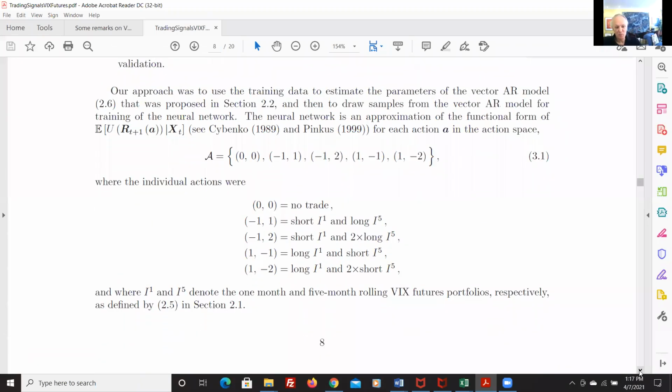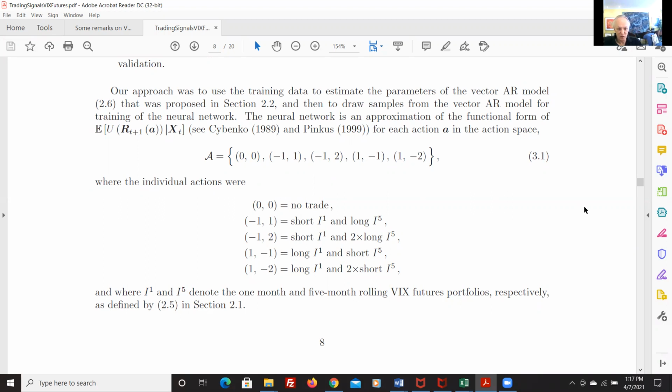And so to make it easier to do it with the neural networks approach, we don't really solve this problem in the continuum, but rather focus on 5 actions. Do nothing, short the 1 month, short the 1 month and go long the 2 month or the next one.